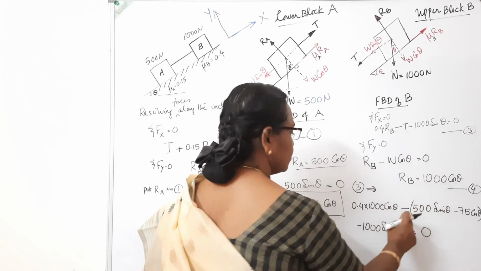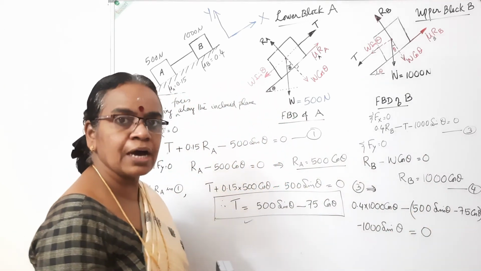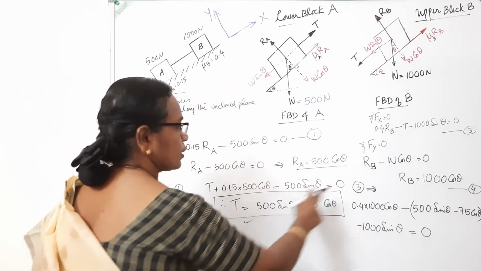So in equation 3 we have substituted for RB and T from these two expressions.